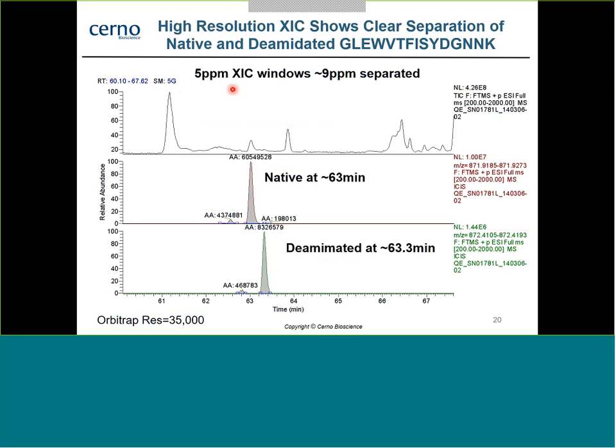But you can see here in the XIC results, it looks like we have very good resolution of the native, which seems to elute at about 63 minutes, and the deaminated form of that particular peptide, which occurs at about 63.3 minutes.